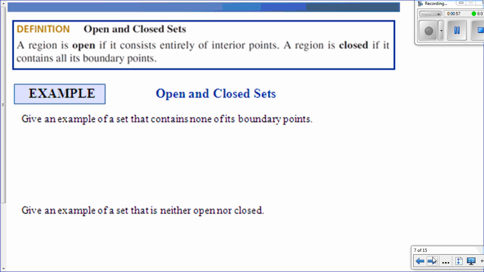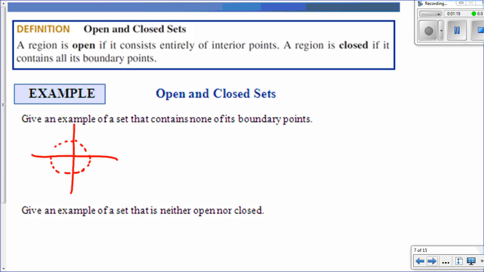Now a region will be open if it consists entirely of interior points. An example of a set that contains none of its boundary points, I'm talking about sets in the XY plane right now, let's say we were looking at an open disk.